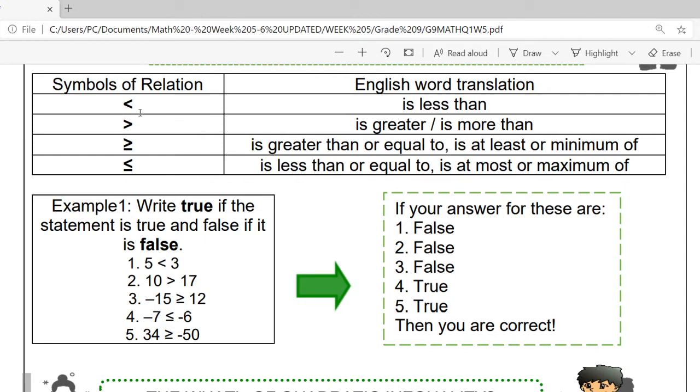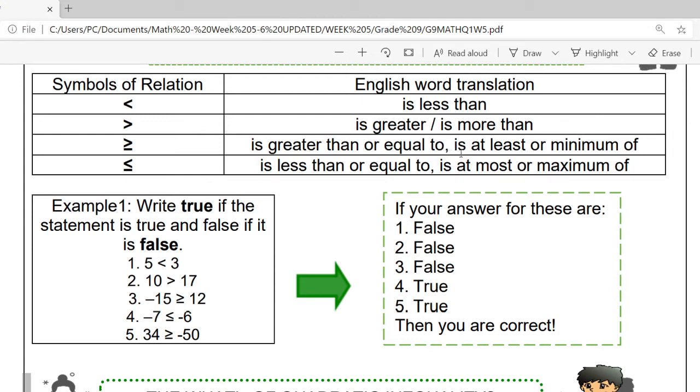And this means is greater than or is more than. Then this symbol is greater than or equal to, is at least or minimum of.